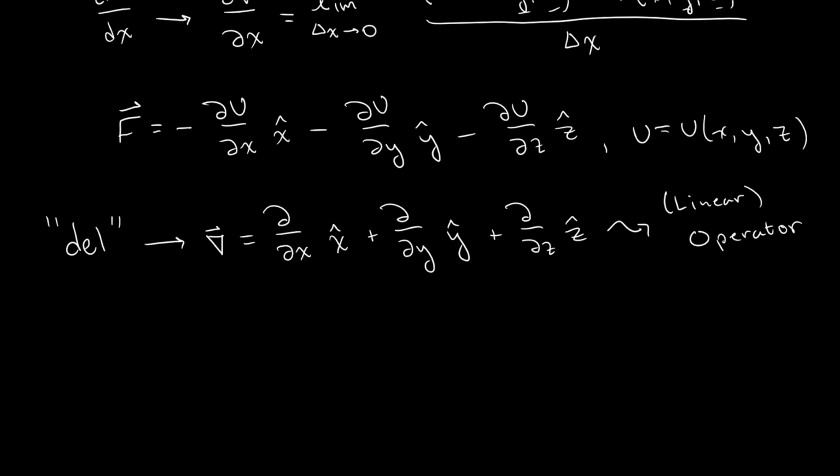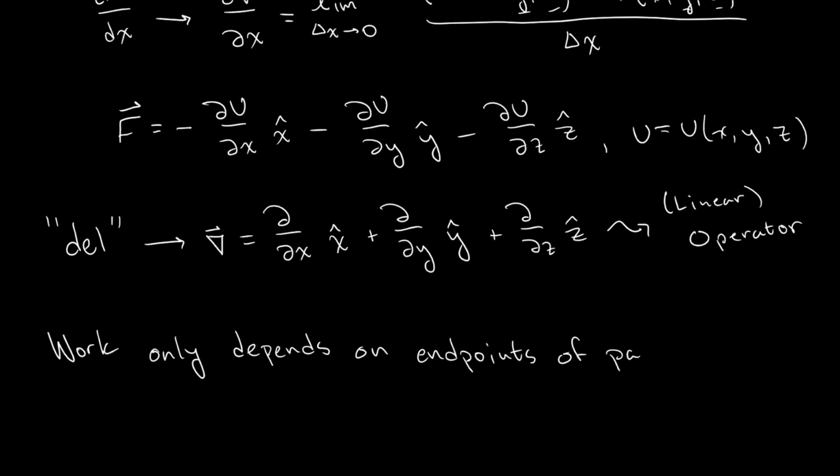Okay, so writing this in the compact notation, I can write that the work only depends on the endpoints of the path if my force, which could be a function of position, is given by minus del u.